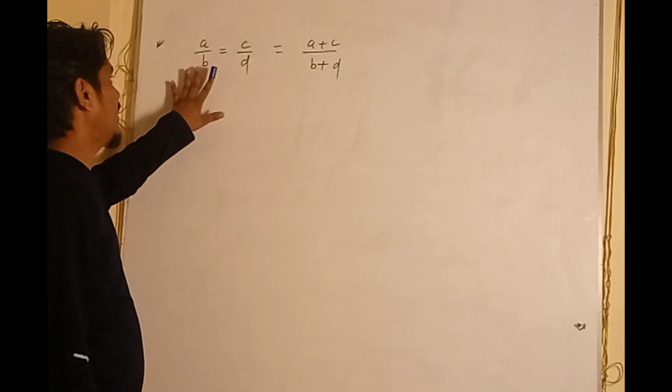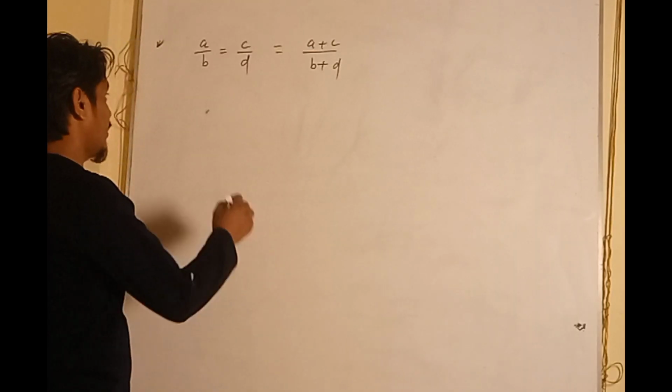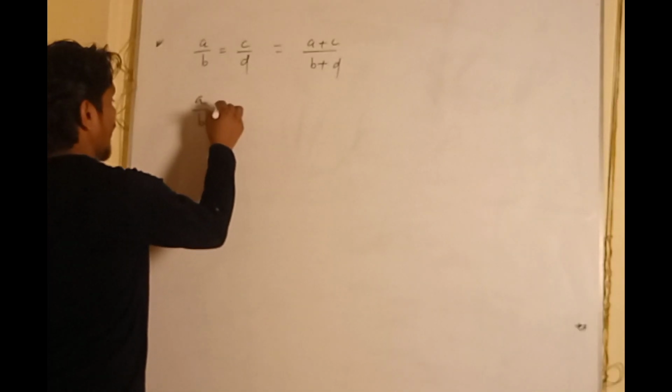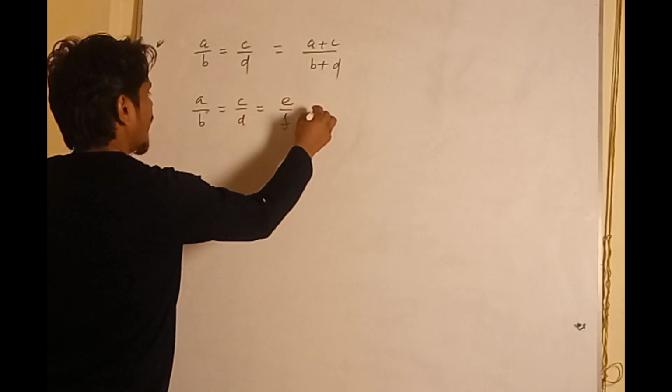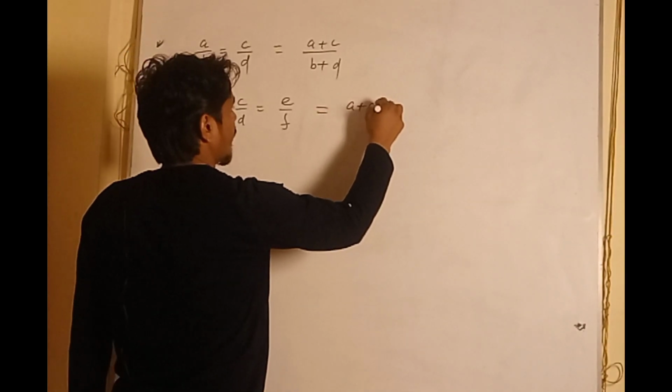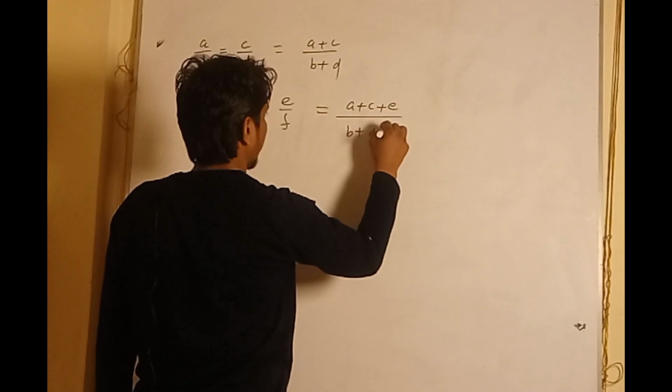Either we have A by B is equal to C by D, or many more numbers like this, for example A by B is equal to C by D is equal to E by F, then that will be equal to (A plus C plus E) divided by (B plus D plus F).